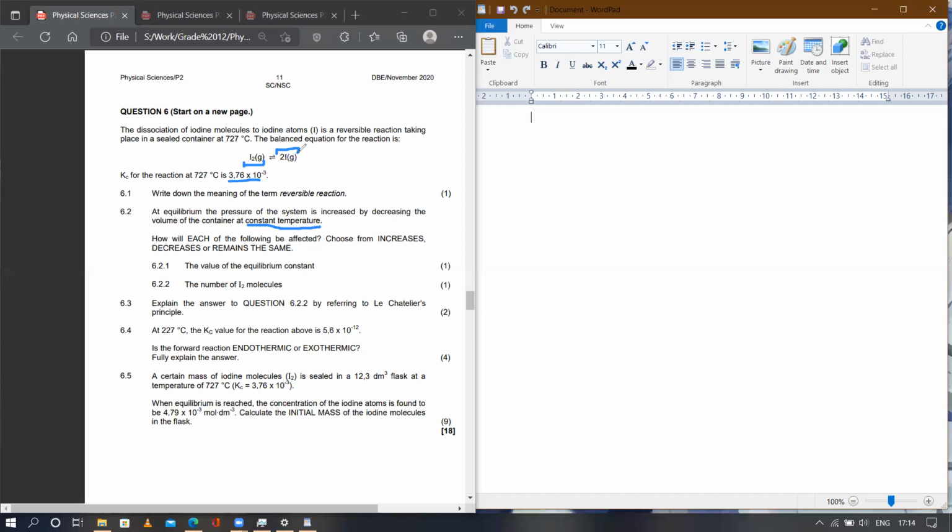So what I would say is that when it comes to pressure, just know that when it increases, you're gonna go to the one with the lower moles. And when it decreases, you're gonna go to the one with more moles. So it's sort of like an inverse proportionality between the number of moles and pressure.